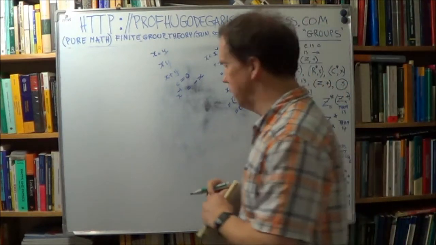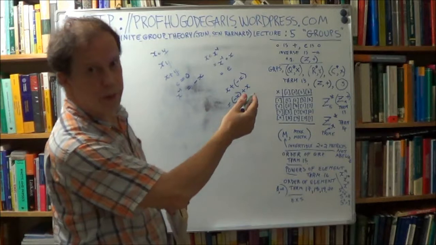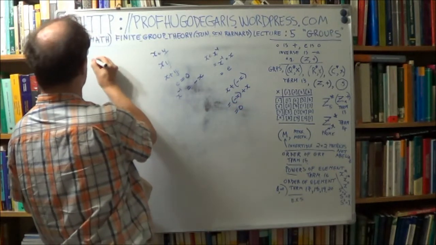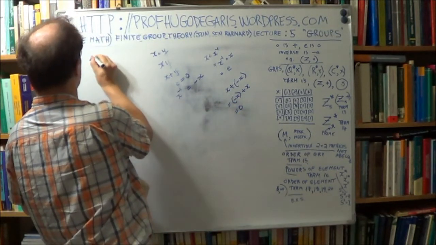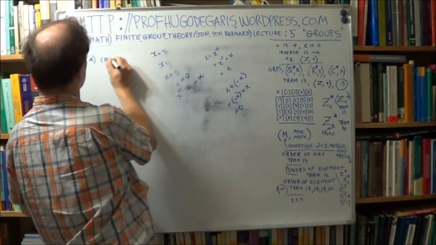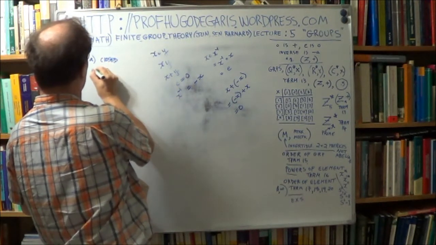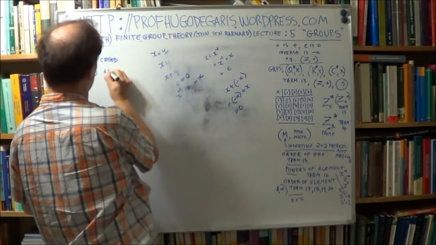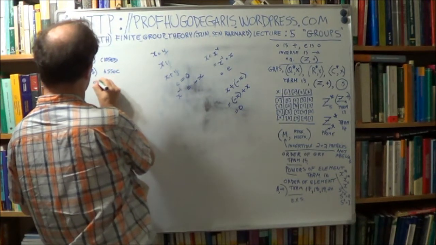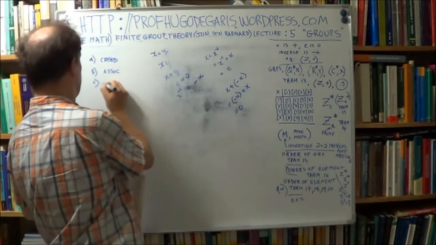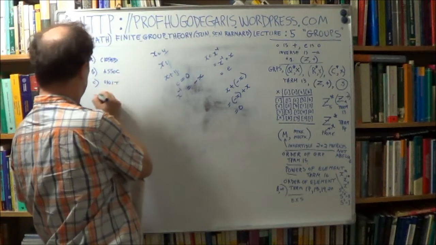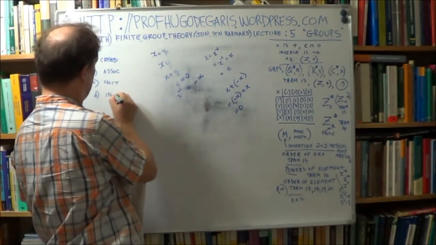So we have to go through the 4 properties and prove it. Okay, so A, closed. So we have to show it's closed. B, associative. C, the unit. And D, the inverses.